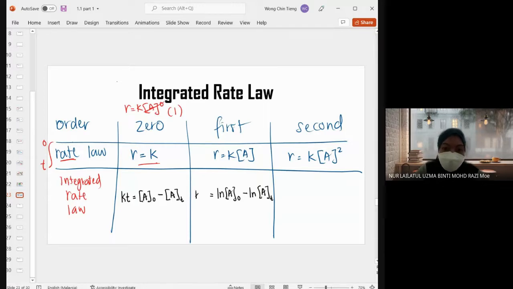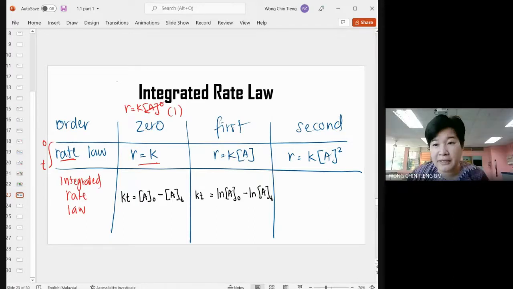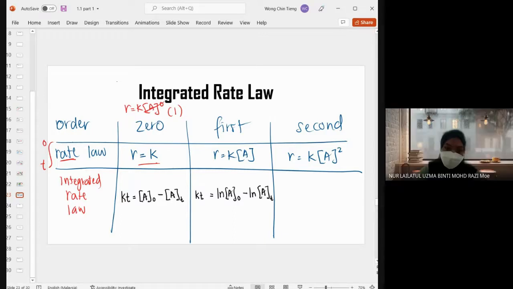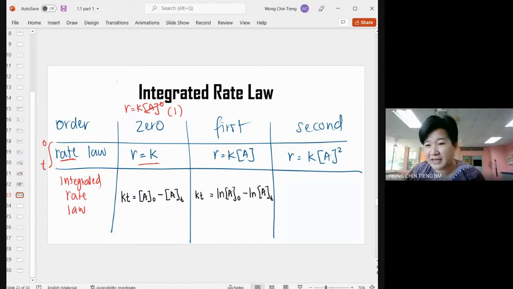Okay, KT duduk depan ke belakang sama je. Tapi sebab Hani mula dengan KT duduk depan, so semua orang saya pun letak KT kat depan lah. Saya suka letak KT kat belakang sebab KT tu tak berubah. Yang berubah orang depan. So saya nak kamu hafal yang depan dulu. Sebab tu nota saya letak concentration semua tu kat depan. Okay, it doesn't matter.